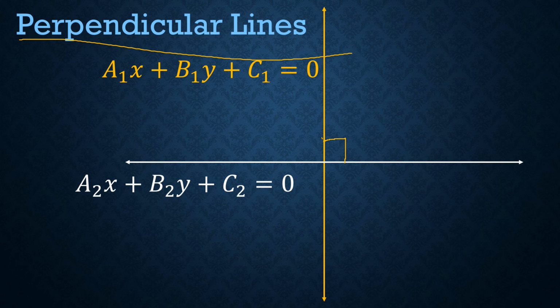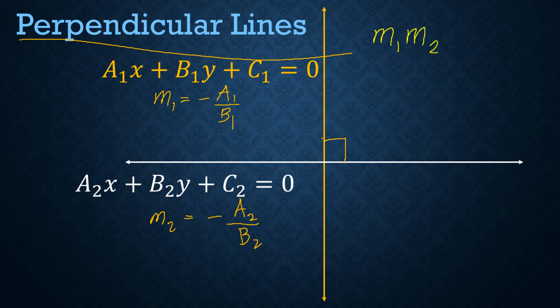In the equation, if the slope of the first line is negative a sub 1 over b sub 1, and the slope of the second line is negative a sub 2 over b sub 2, and if we multiply these two slopes and the product is negative 1, then we say that these two lines are perpendicular to each other.